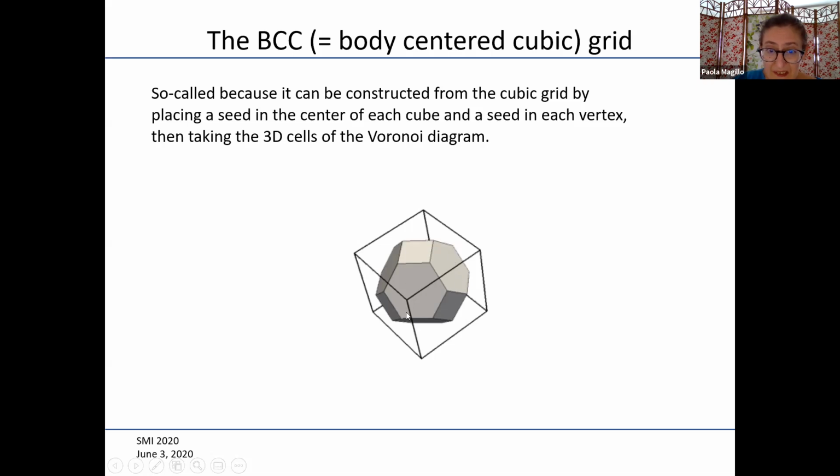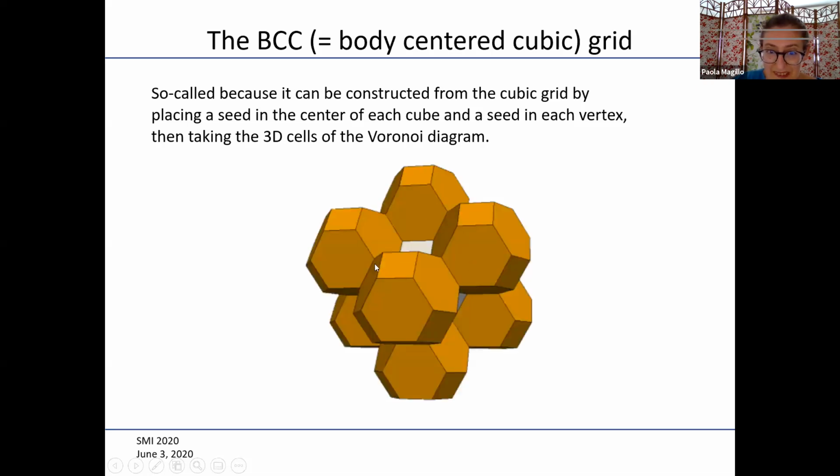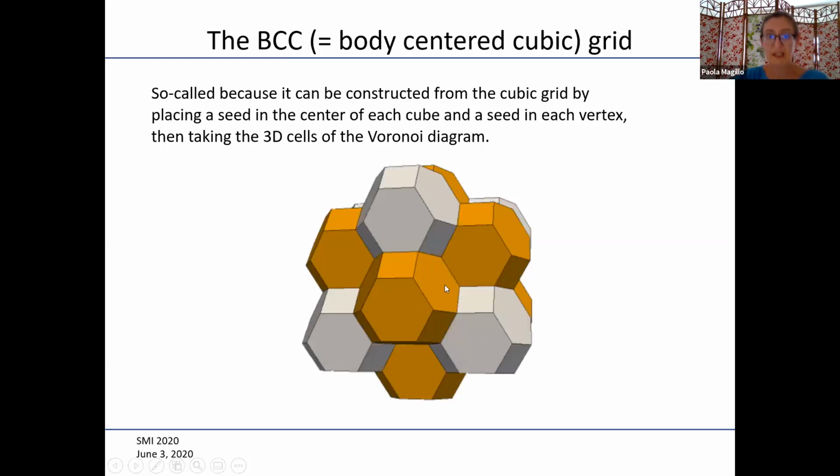This is the cell of the seed in the center of the cube. These are the seeds on the vertices and so on. And we can fill the space in this way.